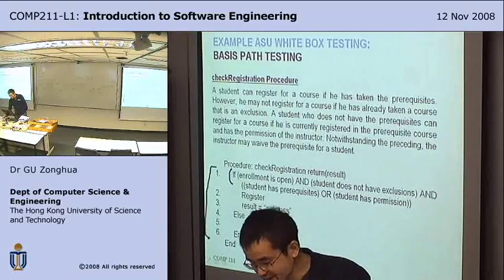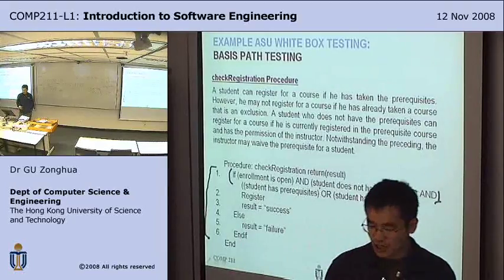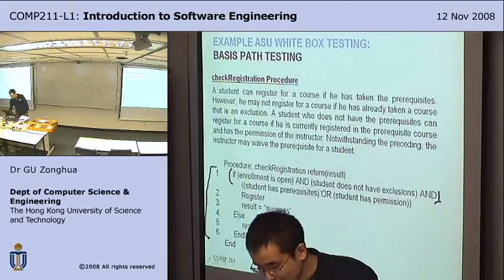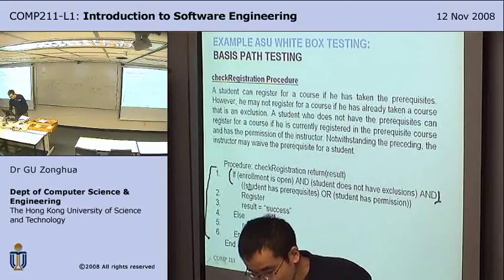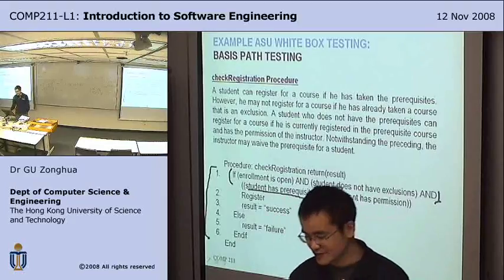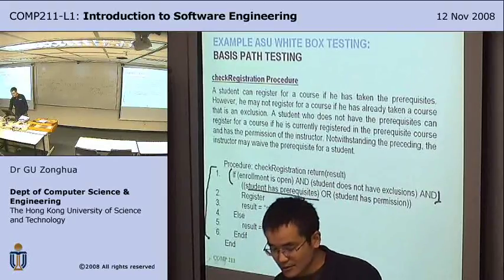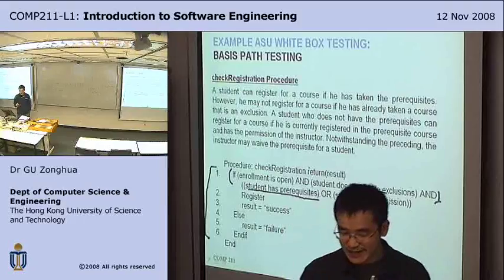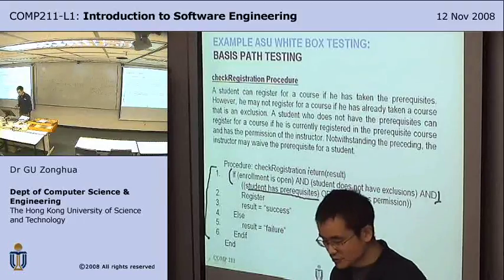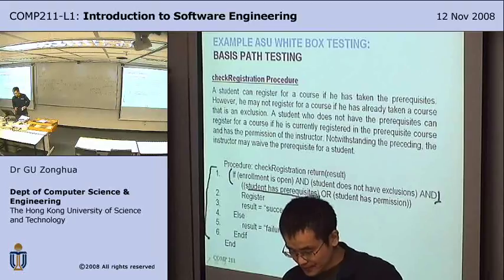If all of these things are true, so enrollment is open and student does not have exclusions, and in parentheses, student has prerequisites or student has permission from the instructor, then if this compound condition of and or is true, you can register. Otherwise, you cannot.